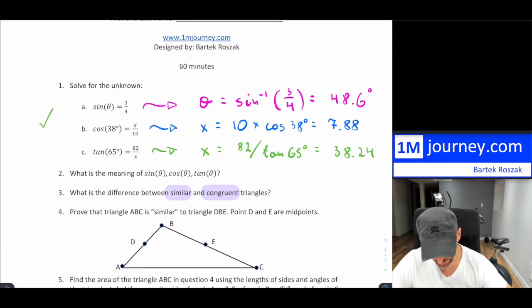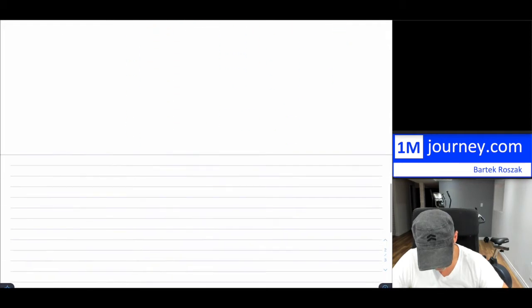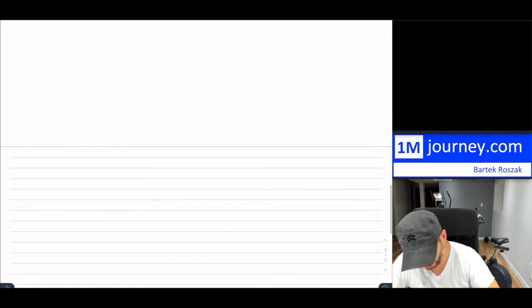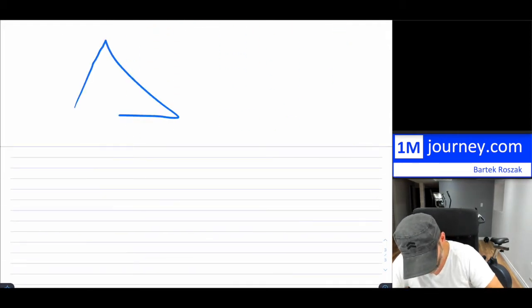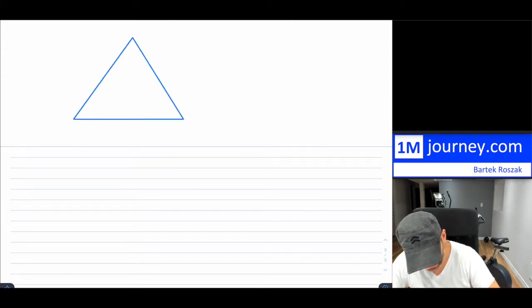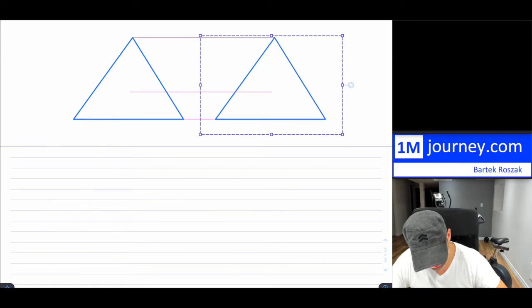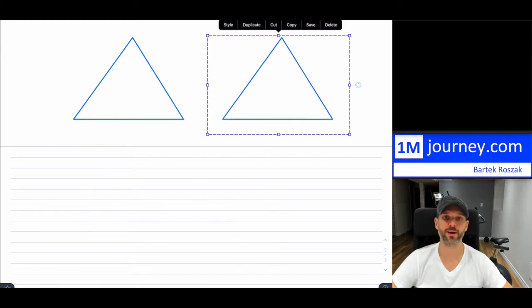Now, they don't have to look the same. So for instance, let's say this was my triangle right here, let's try to create one, just kind of like that. If I take this triangle and I duplicate it, obviously these are congruent, they look identical.